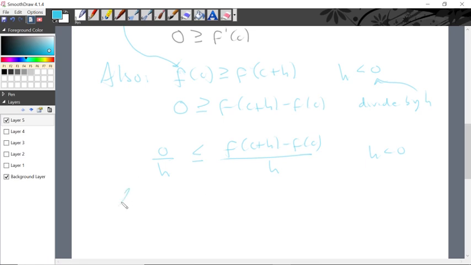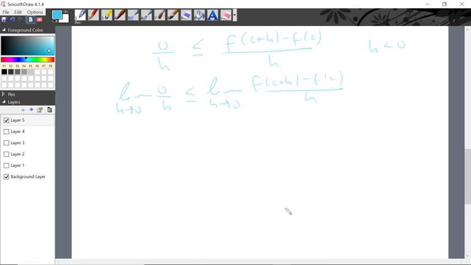Now we take the limit of both sides. The limit as h goes to 0 of 0 over h is less than or equal to the limit as h goes to 0 of f of c plus h minus f of c over h. Because the derivative exists, this is f prime of c, and this is 0. So now we have that 0 is less than or equal to f prime of c.